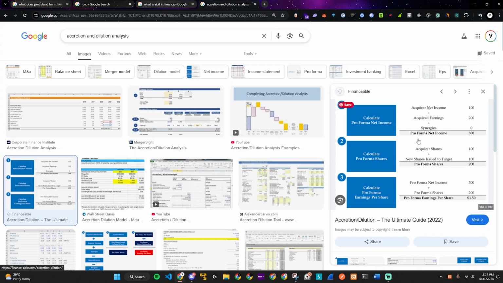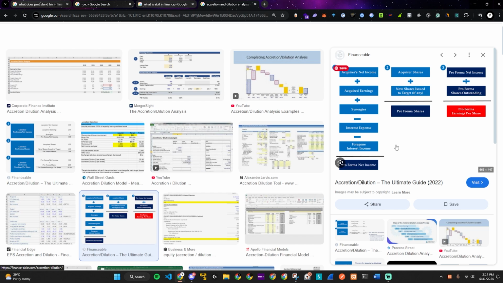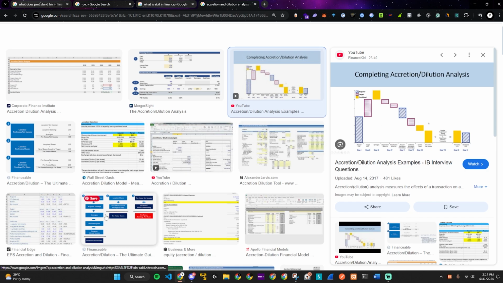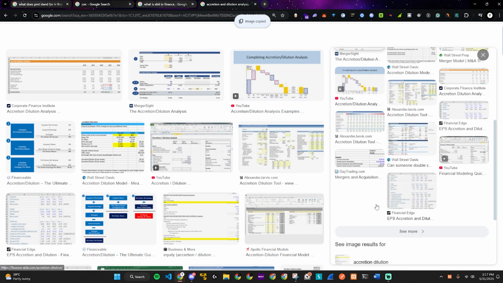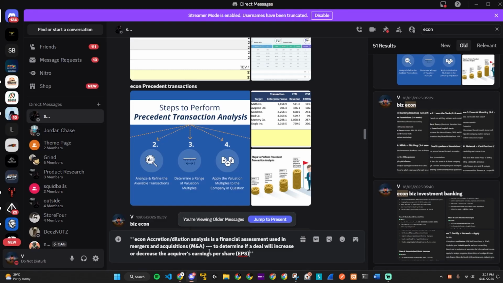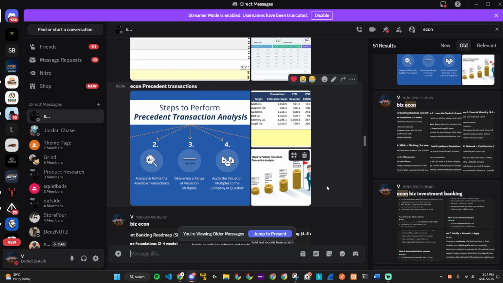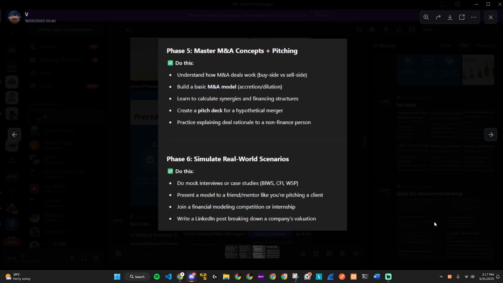So let's grab something that's useful. Acquirer's shares plus. I believe for the moment this should be useful because it seems pretty simple, even though it seems more complex than it is. So let's grab this for now, and let's move on.